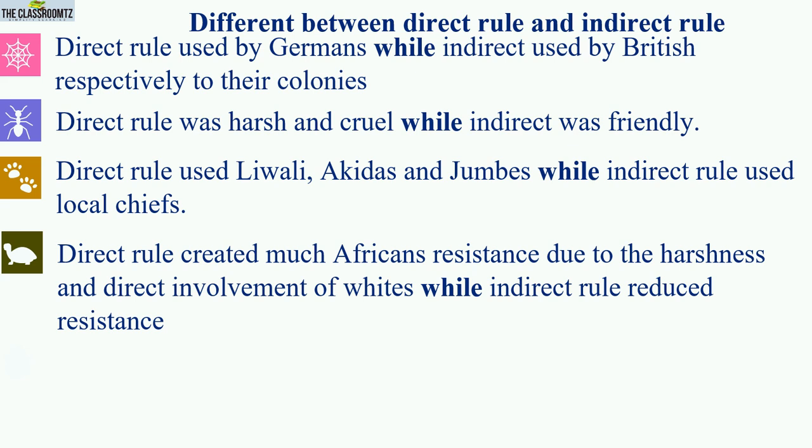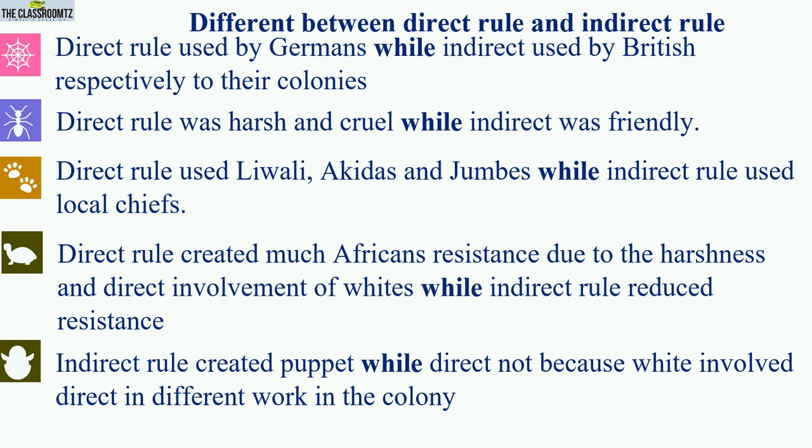So after the establishment of colonial rule, Africans showed passive resistance to the Germans because of the cruelty of German administrators, while in indirect rule it was difficult to resist your local chiefs. That's why under British indirect rule there was low or no resistance compared to direct rule, which was cruel and created high resistance.